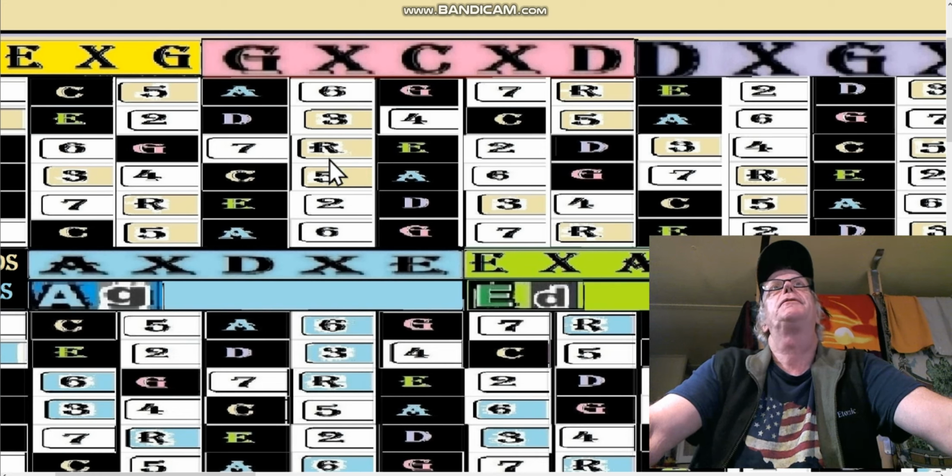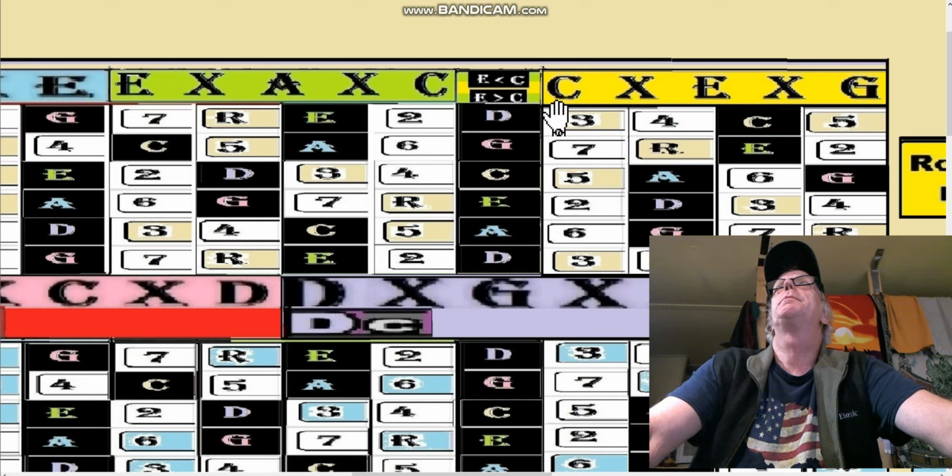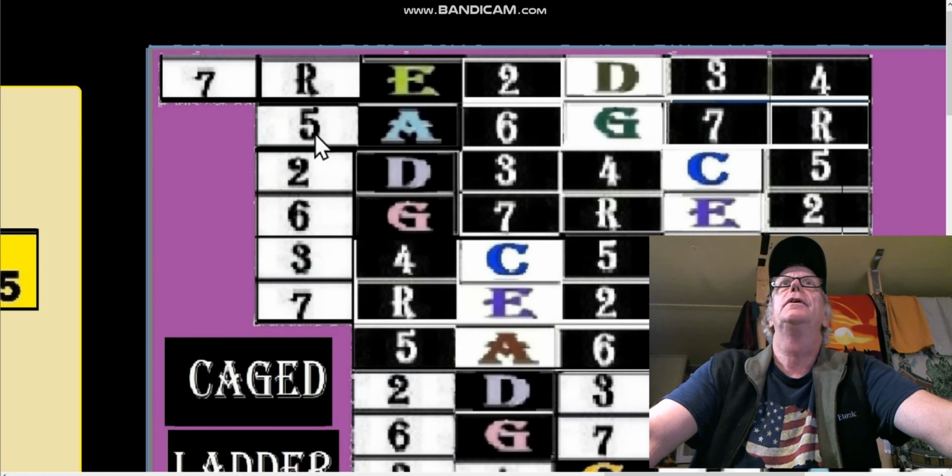So you have to realize that, see this 7 root 5 right there? You're going to see that in this pattern way over here. My goodness. 7 root 5, because this is how the pattern goes. Okay? 2, 3, 4, 5, 6, 7 root 2. You play the string this way.